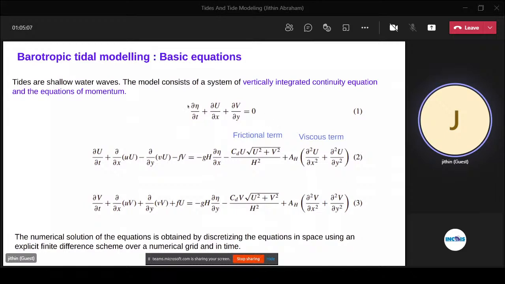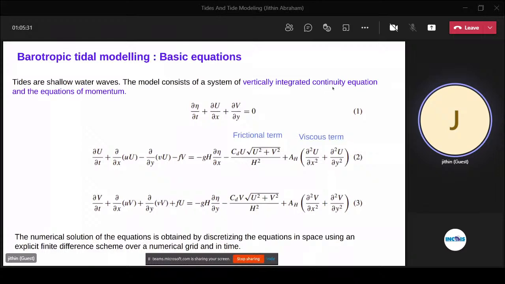The first equation gives the continuity equation, and the second equation gives the momentum equation, with the assumption of a vertically integrated equation. That means there is no vertical variation in currents and temperature.